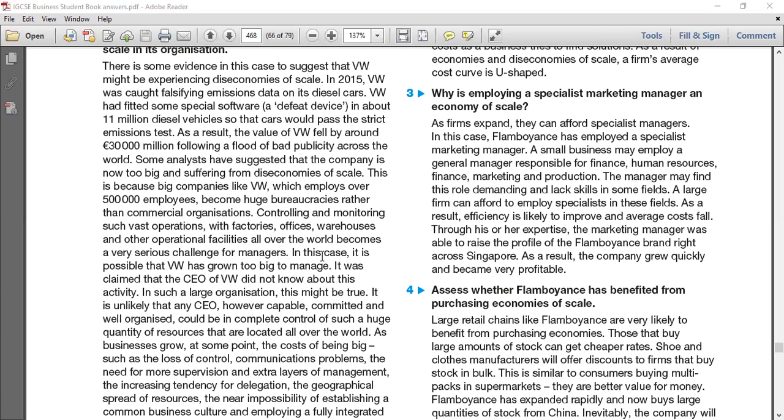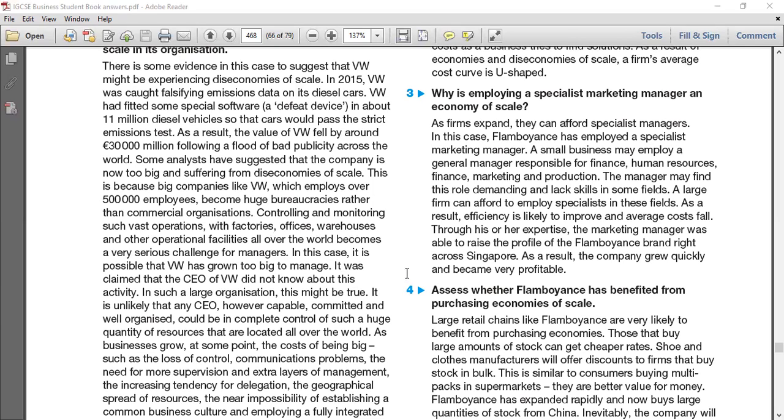So the manager may find this all demanding and lack skills in some fields. Large firms can afford to employ specialists in these fields. As a result, efficiency will be improved and average cost will fall. Through his experience, the marketing manager was able to raise the profile of the Flamboyance brand right across Singapore. As a result, the company grew quickly and became very profitable, right?